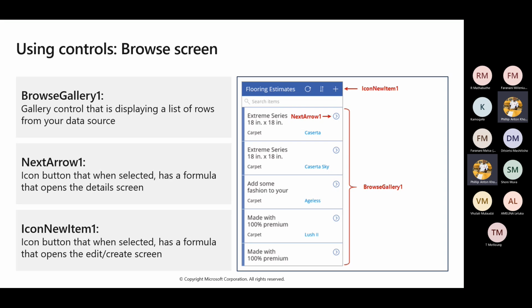So for instance, I can use exactly one form to display data, to update data, as well as to create new data, instead of creating three different forms that I will need to use throughout. So I can use one form.